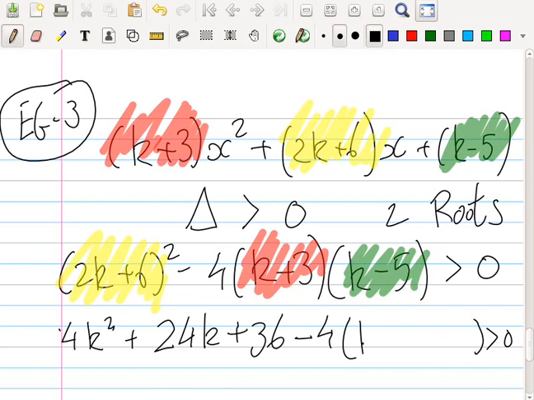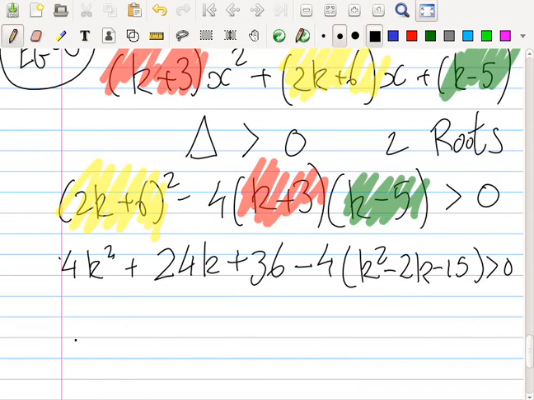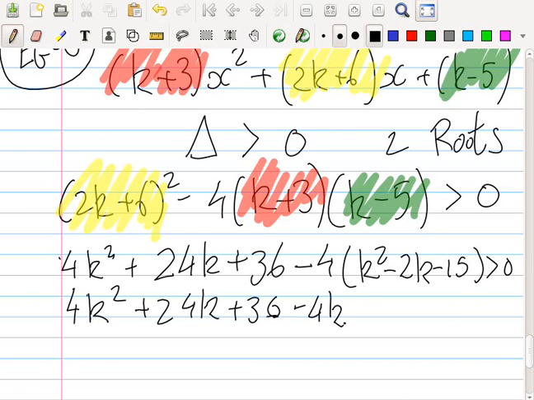K by k is k squared, and then 3k minus 5k minus 2k, and then minus 15. Keep the English clean. So 4k squared plus 24k plus 36 minus 4k squared plus 8k plus 60 greater than 0.